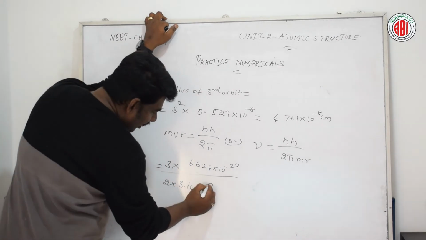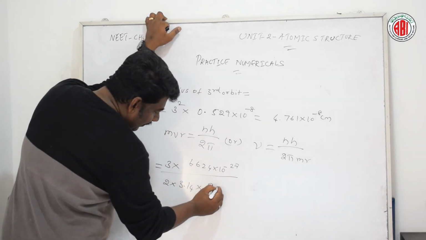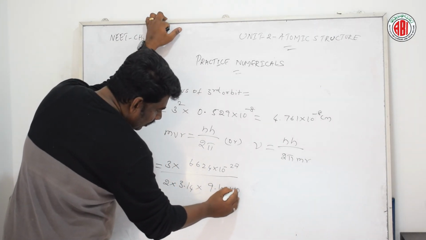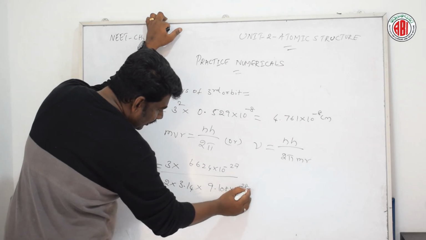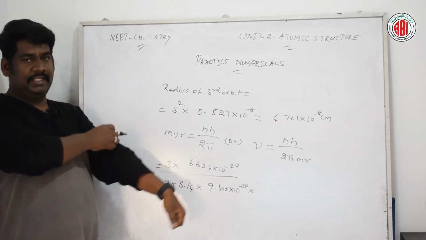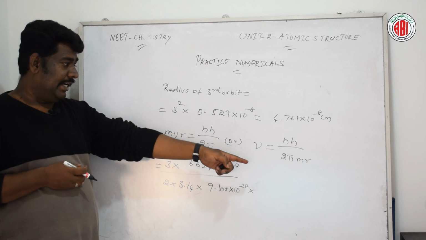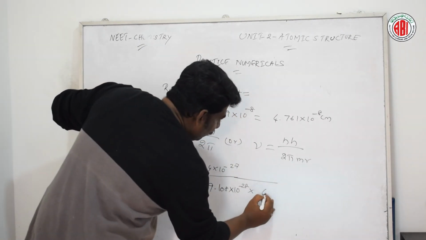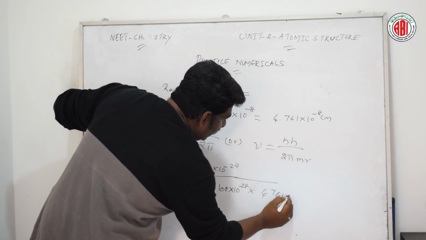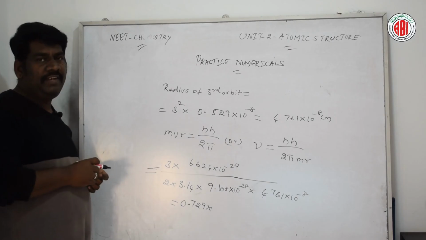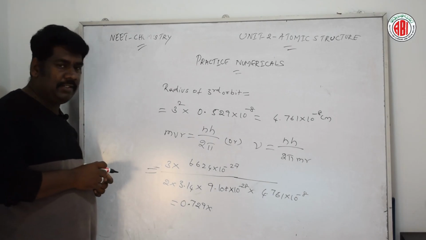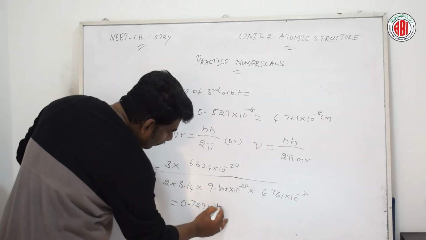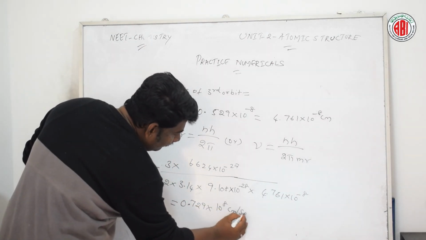Here we are going to apply 9.108 into 10 to the power of minus 28, the mass of the electron, into the radius value we just got, 4.761 into 10 to the power of minus 8. Simplifying this, we could get 0.729 into 10 to the power of 8 centimeter per second.